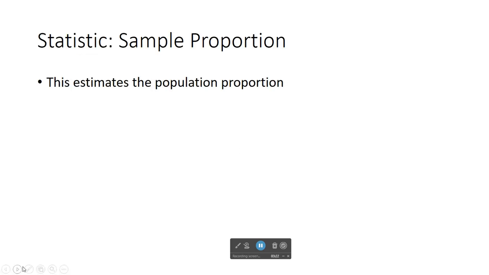Okay, now associated with that parameter is a statistic called the sample proportion. And the sample proportion estimates the population proportion.